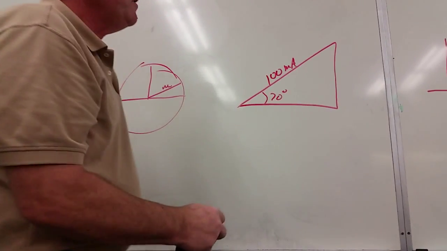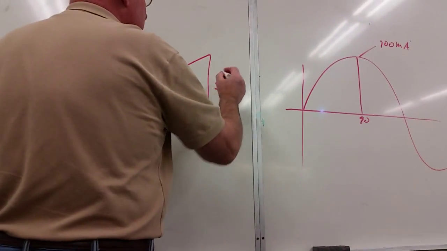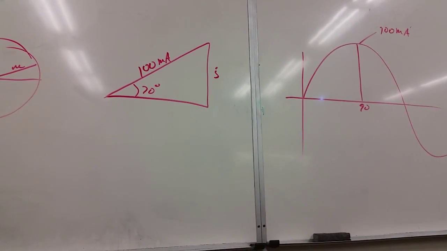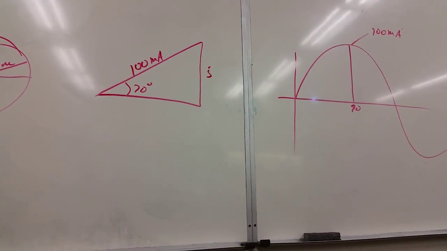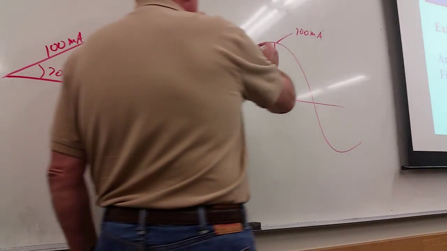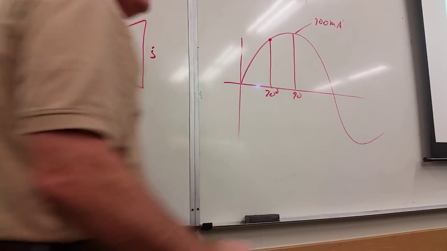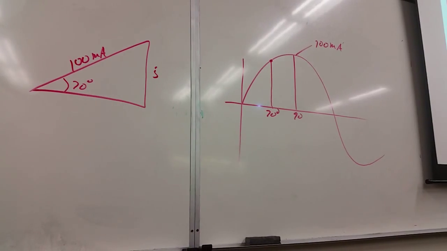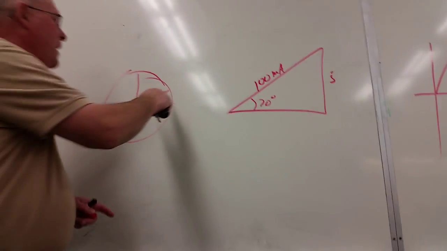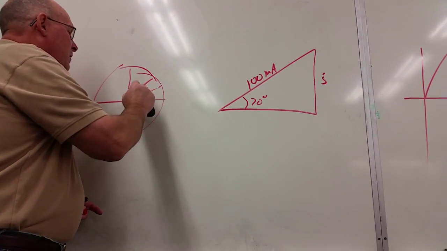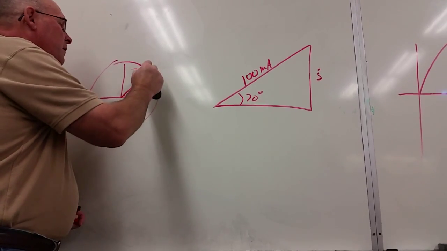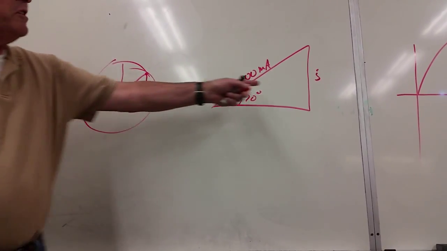So we want to find this instantaneous current at 70 degrees, right? So we're looking somewhere over here at 70 degrees. We're trying to find that value right there, aren't we? But it's the same thing as the 70 degrees in here. We're trying to find that triangle, which is this triangle here.